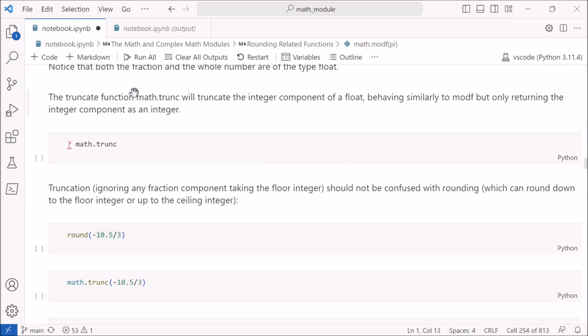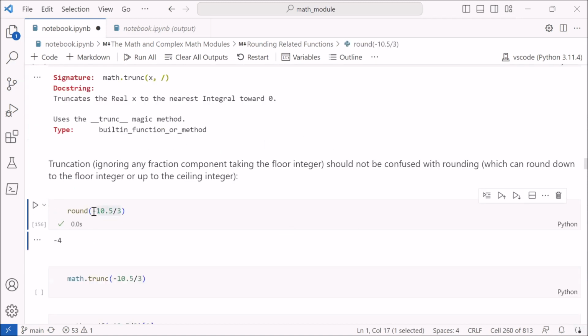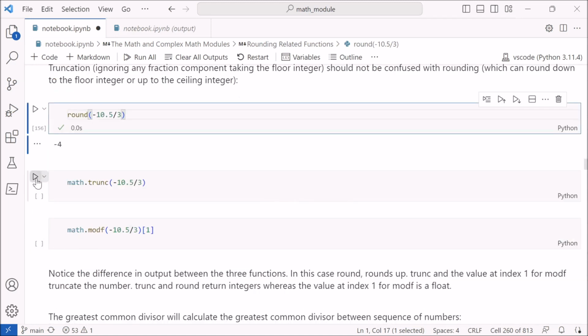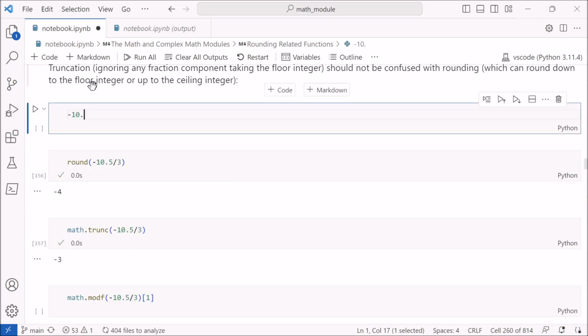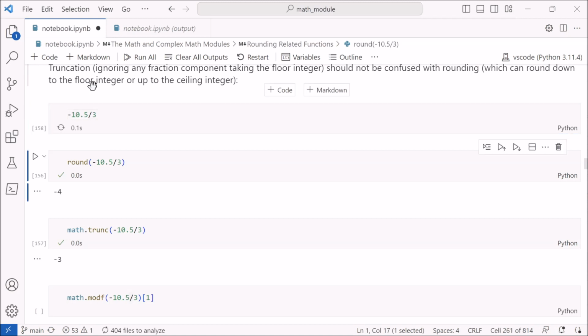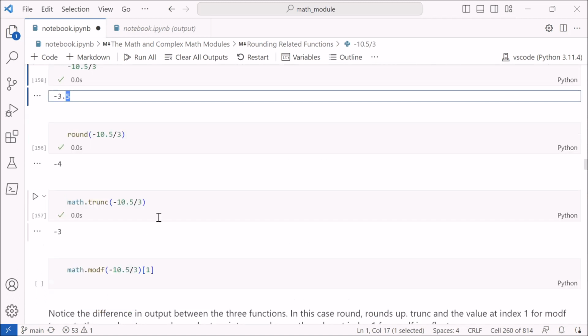We can also truncate a floating point number to an integer using the math.trunc function. So if we have a comparison to the round, minus 10.5 divided by 3 is minus 4. If we truncate this value, we're going to get minus 3. In other words, all this stuff after the decimal point has just been chopped off when you've truncated it.